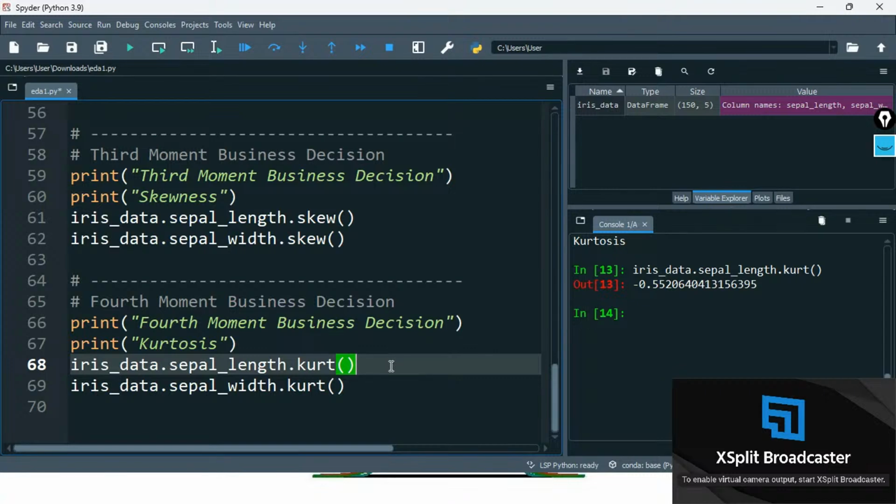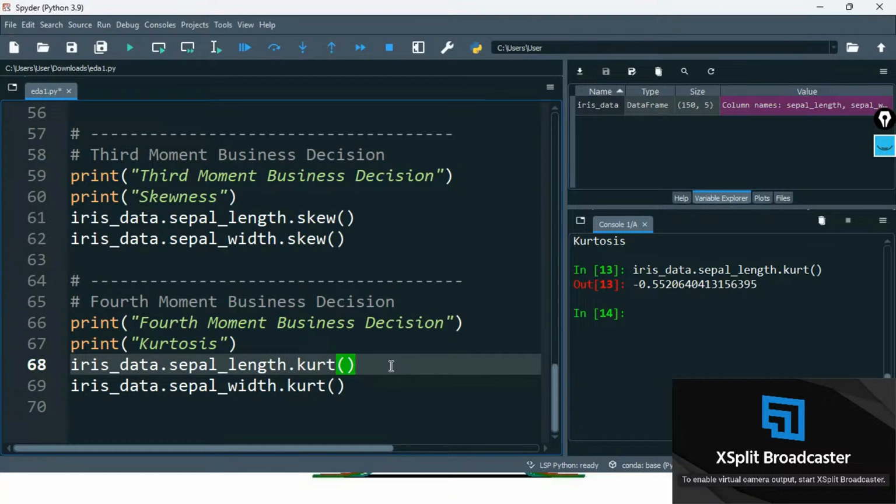So with respect to the visualization, what kind of peak can we observe? For negative kurtosis, it is a wide peak. Good.